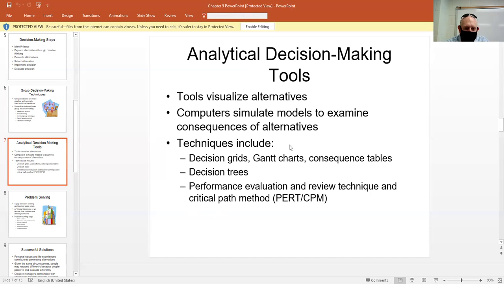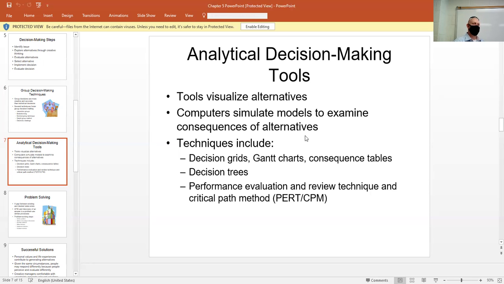All right, there's some techniques that you use when you're talking about computers. Decision grids, Gantt charts. You guys have probably heard of Gantt charts before. Consequence tables. I like the title of that because that's one of the main things we have to base decisions on, the consequences.